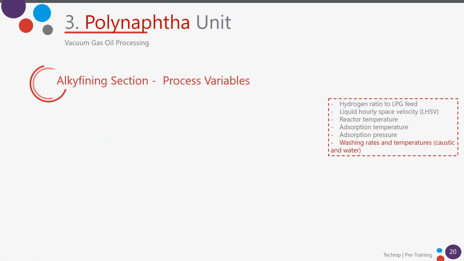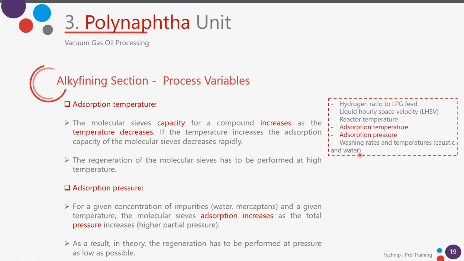If you have questions up to now, up to here, we have seen the hydrogen ratio. We have the liquid outlet space velocity that does not have so much impact; this one is more important. We have seen the reactor temperature.